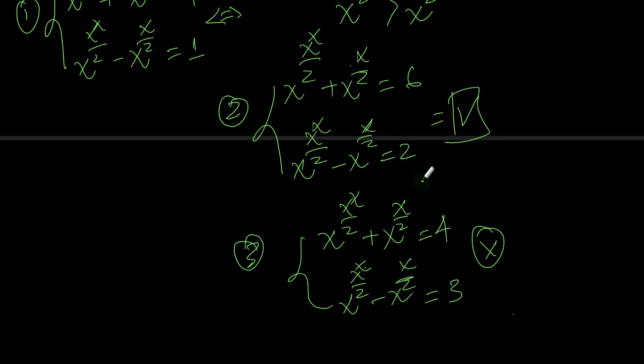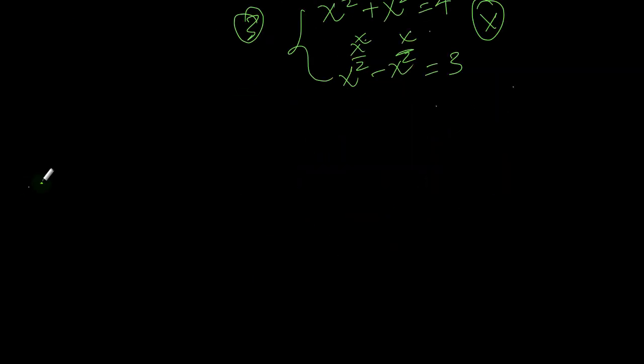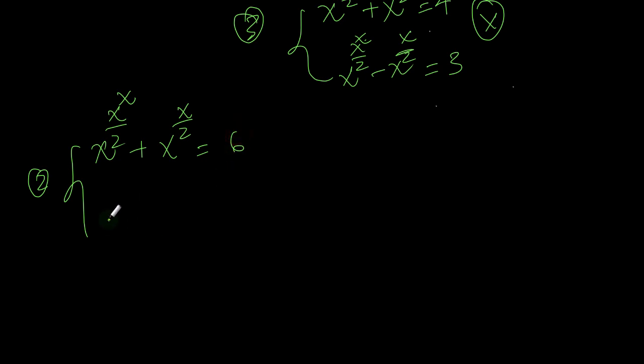So let's pick the second one. The system of equation 2 is x to the x divided by 2 plus x to the x over 2 equals 6, and x to the x divided by 2 minus x to the x over 2 equals 2.